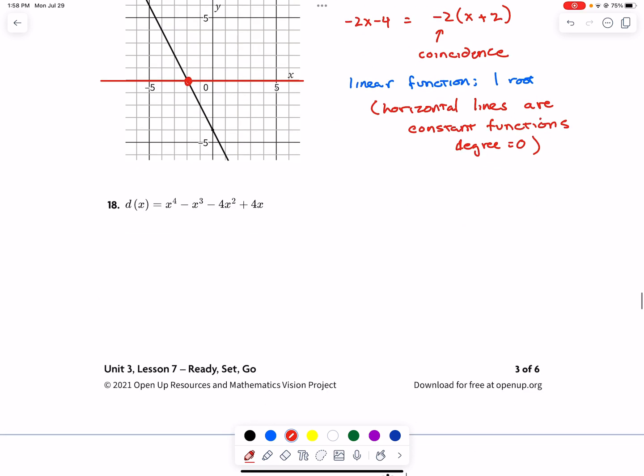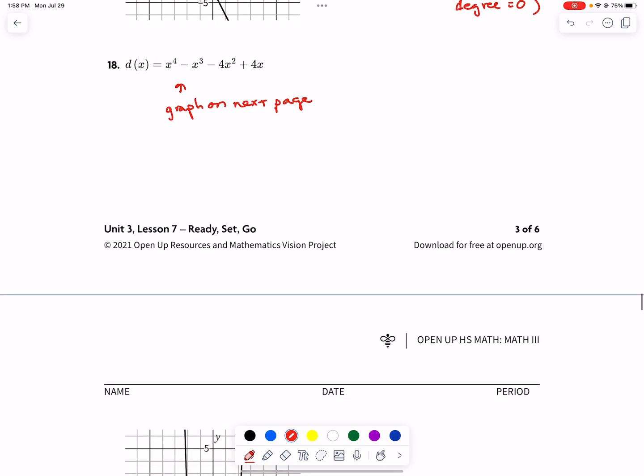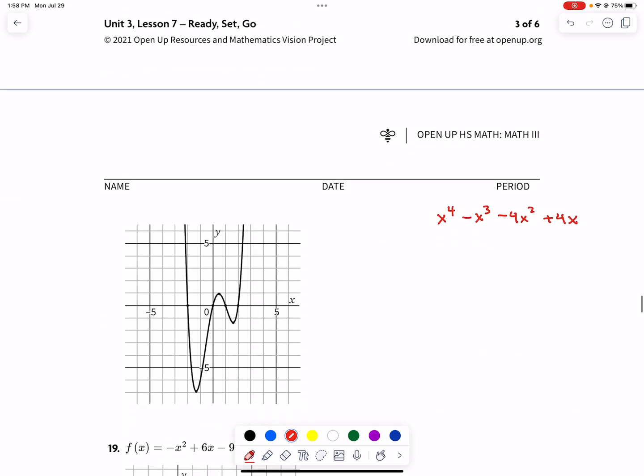Okay. Next, the picture's on the next page. How annoying. I'm going to write it before I lose it. Factor out. So let's see if we can find this. 1, 1, 1, 1.